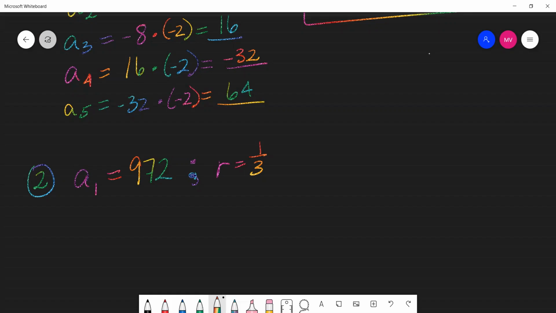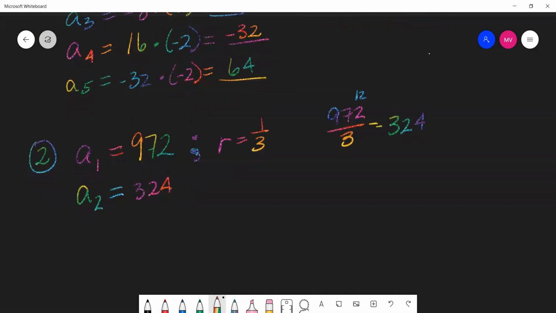Okay, so A2 is 972 divided by 3. 3 goes into 9 3 times evenly, so no remainder. 3 goes into 7 with 1 remainder. 3 goes into 12, 4. So A2 is 324.